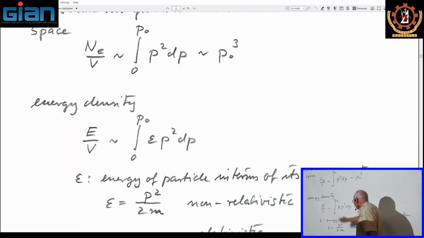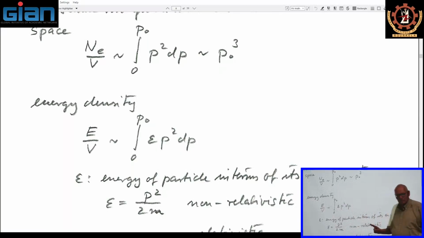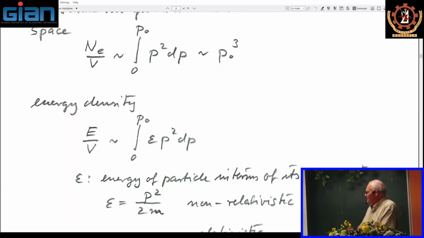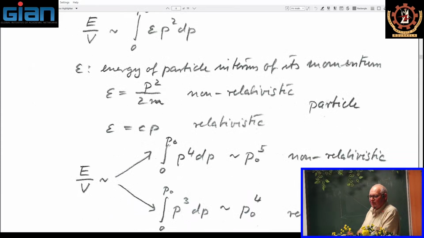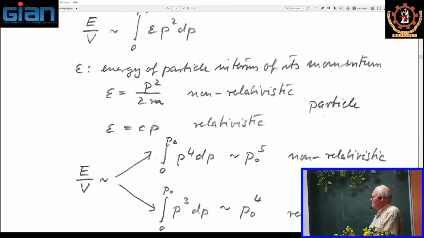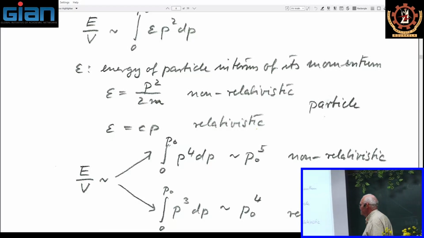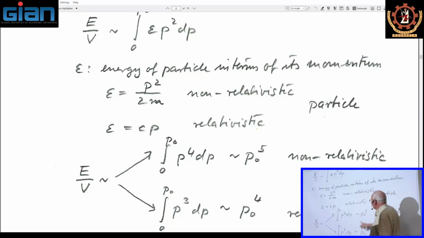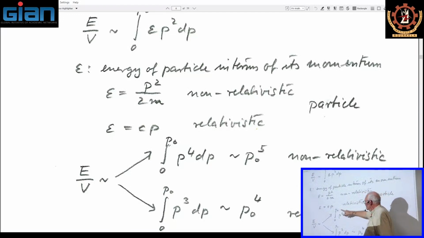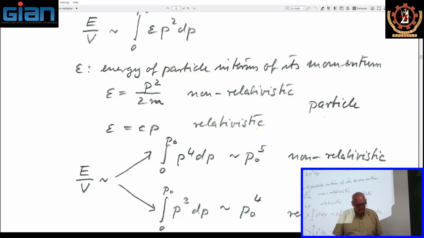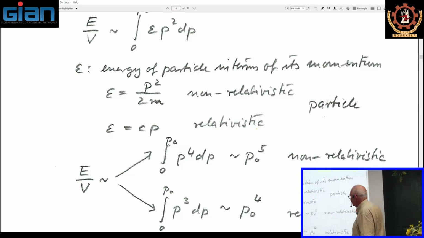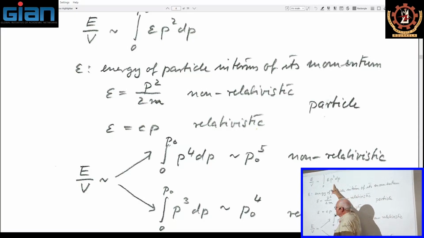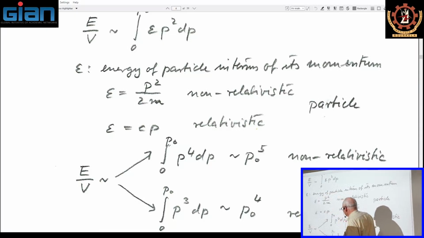So we have to insert this here, but that's not always true. For very fast particles, which are relativistic, the relation between epsilon and the momentum is linear. Then epsilon is given by the speed of light times the momentum, and in that case, we have a different relation between the energy and the momentum. So this integral will be different once we consider non-relativistic or relativistic particles.